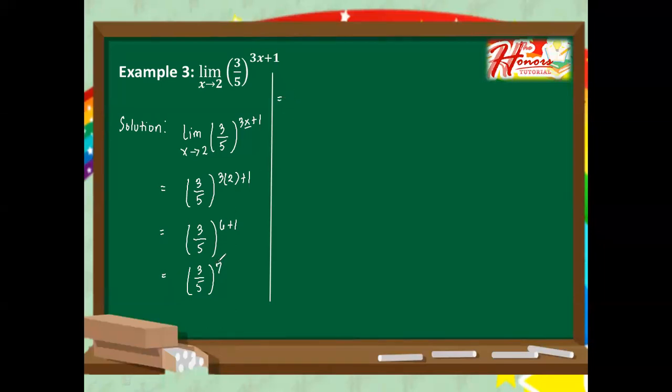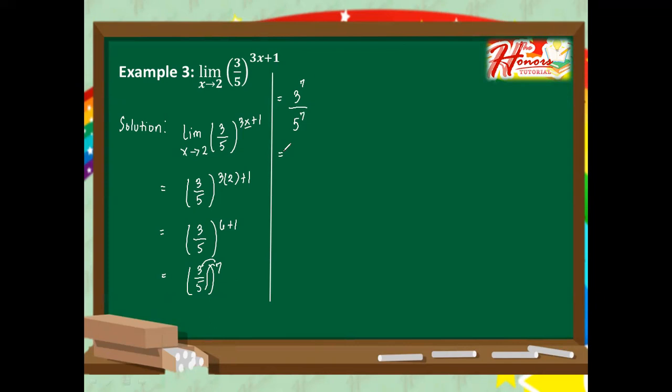Make sure that your exponents will be evenly distributed in your numerator and in your denominator. Okay, so that is 3 raised to 7 over 5 raised to 7. So let's simplify. What is 3 raised to 7?